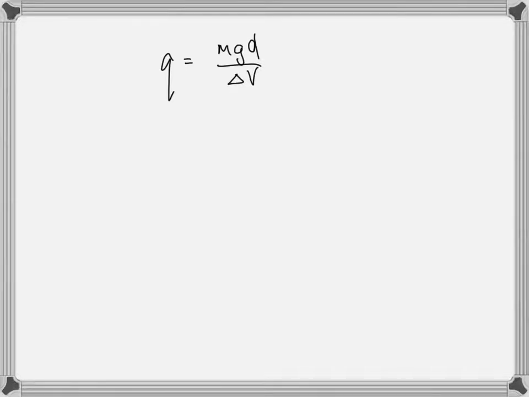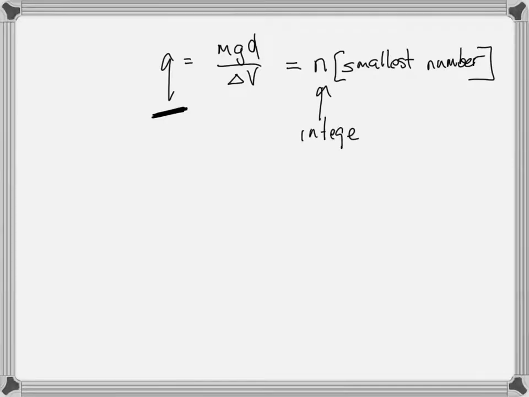And what he recognizes, after making thousands of these measurements and analyzing the data, painstakingly looking closely at the numbers, is that the charges he's measuring, which are all different for all the different oil drops, are all some integer multiple of some smallest number.